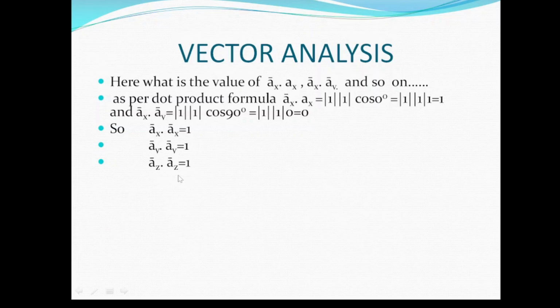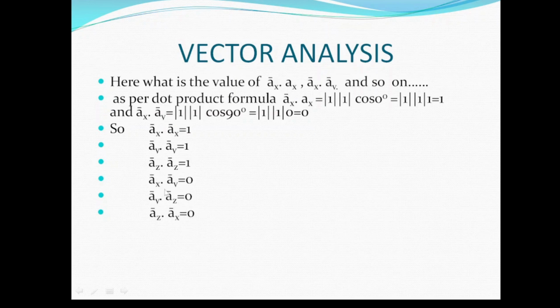If two vectors are on the same axis, then the dot product of the two vectors is equal to 1. Ax dot Ax is equal to 1, Ay dot Ay is equal to 1, Az dot Az is equal to 1. Ax dot Ay is equal to 0. Ay dot Az is equal to 0 and Az dot Ax is equal to 0.